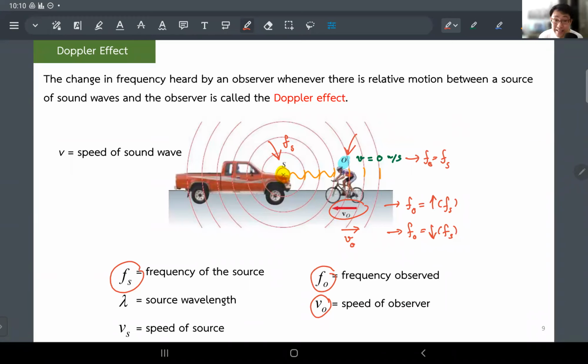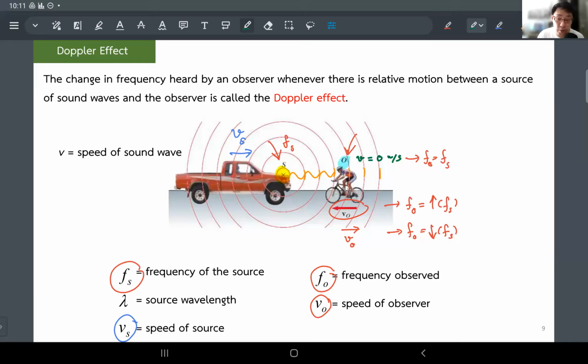And then what we're going to have a chance to do is add the speed of the source. That means the source could be running as well. So let me put v sub S, and that is the speed of the source. Cool? Almost done. But then think about it. Whatever you are trying to do, you are trying to generate a sound. It's just sound waves, so the sound itself has to travel.